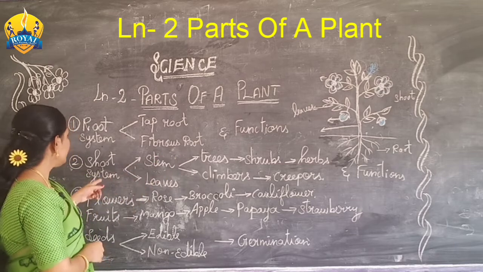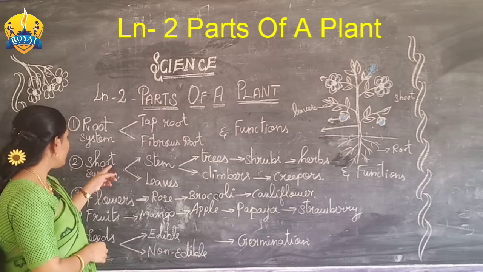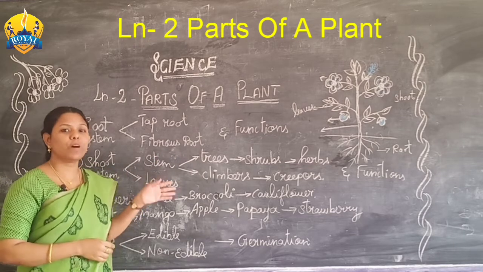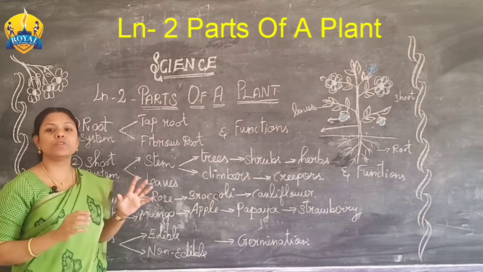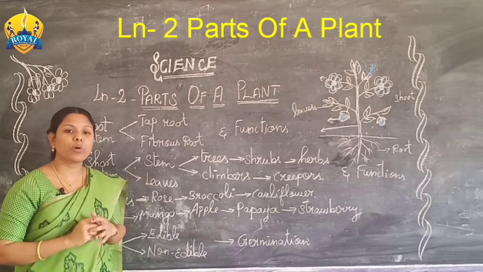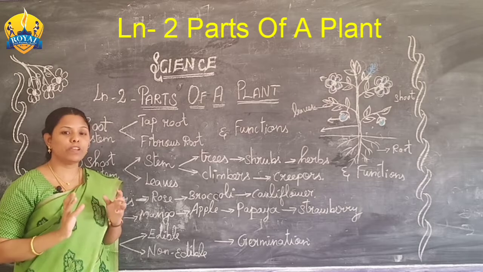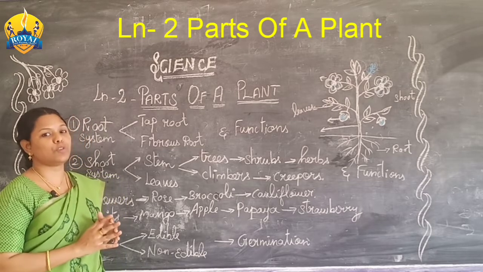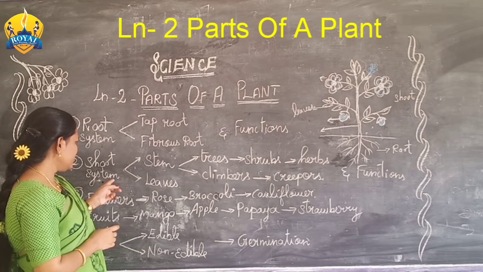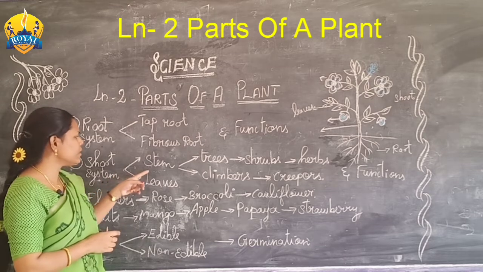After that, let us move on to the shoot system. The shoot system has many parts, and these parts are very important to prepare food, and they give food to us also. The shoot system has the stem.